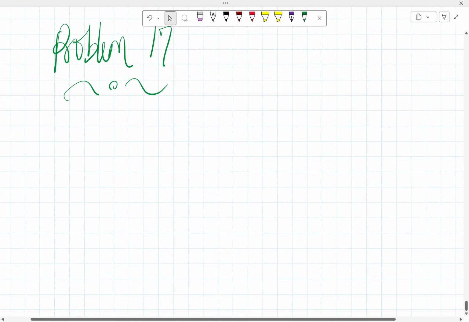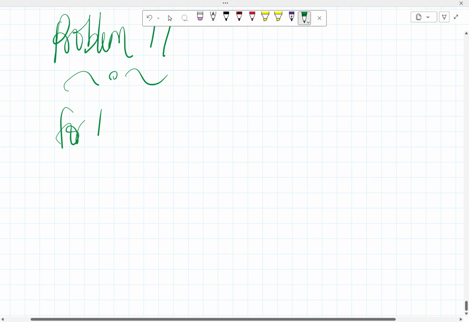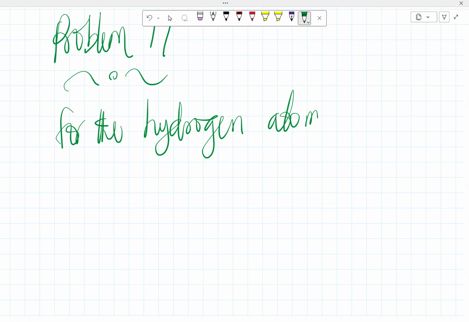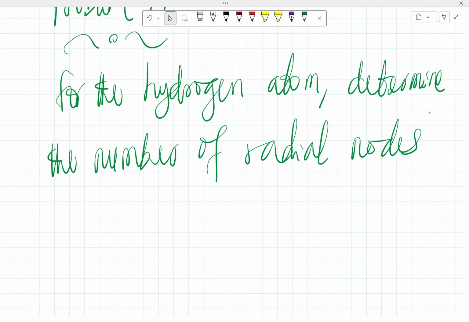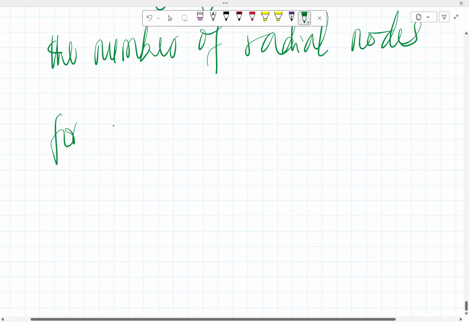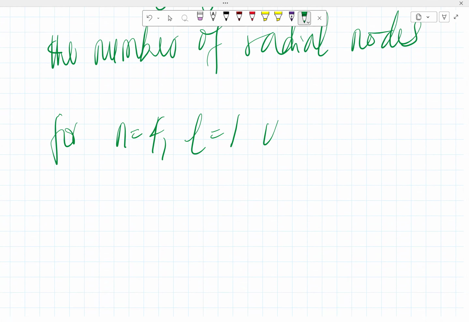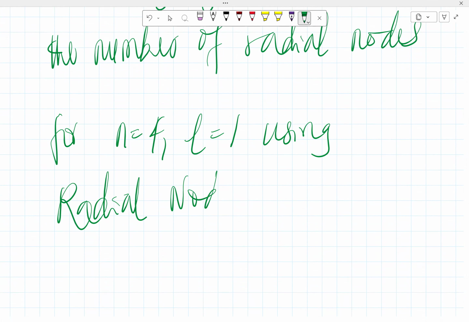It says for the hydrogen atom, determine the number of radial nodes for n equals 4, L equals 1 using radial nodes equals n minus L minus 1.